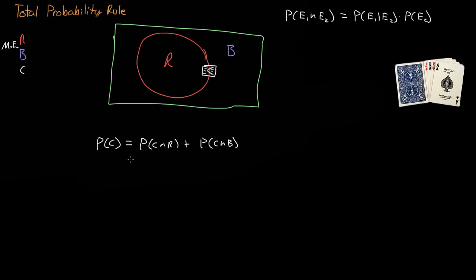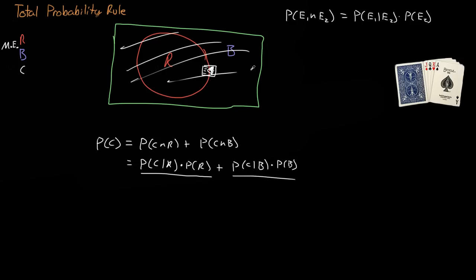So if we remember that, then we can rearrange this as the probability of C given that R has occurred times the probability of R, plus the probability of C given that B has occurred times the probability of B. And all this part really means right here is this area divided by the total area. And all this means is this area divided by the total area.